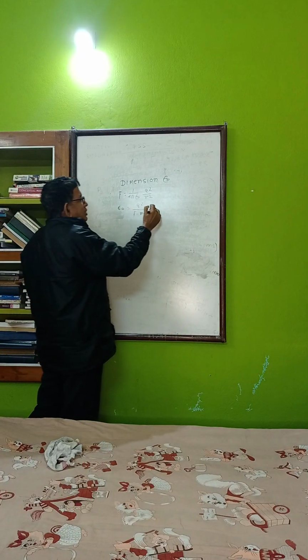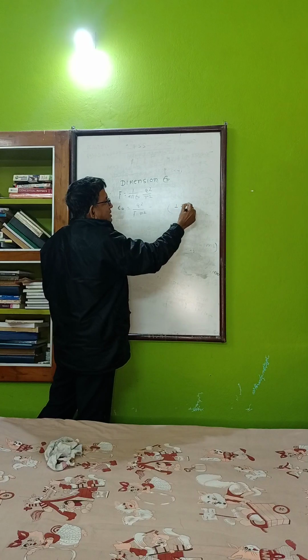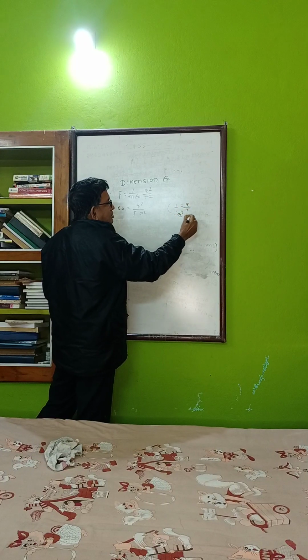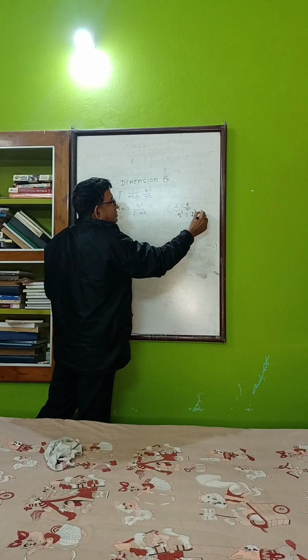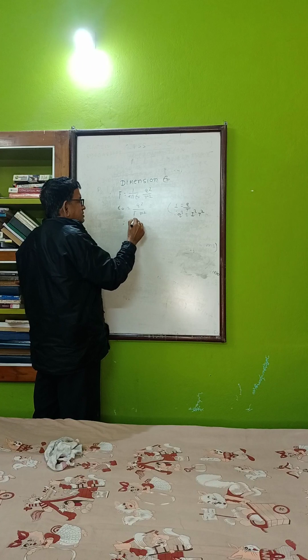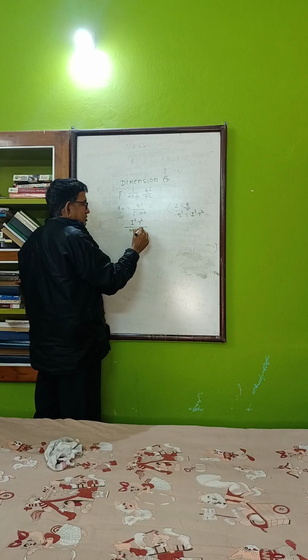Now dimension of q: you know I equal to q by t, so q square equal to I square t square. So if you put, then we have I square t square by force, dimension of force is m l t to the power minus 2, r square means l square.